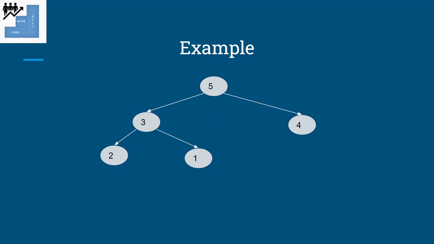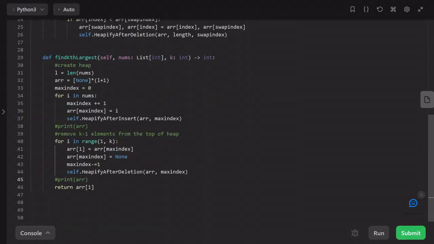Now let's dive into the code and understand how it is implemented. This is the main function we have. We have been given a list of numbers and we need to find the kth largest element. In order to create a heap, we find the number of elements we are given and create an array with one element extra, because at the 0th index we insert nothing when we create the heap.